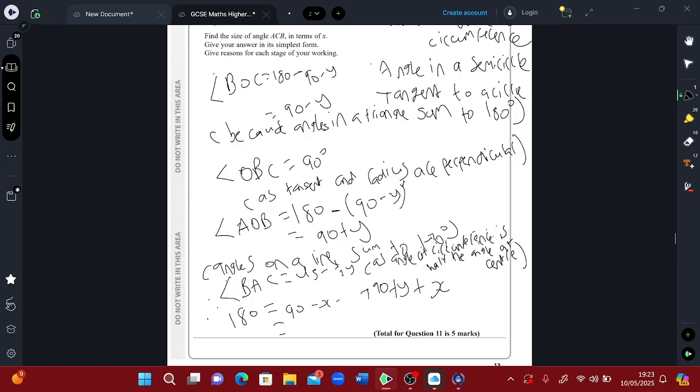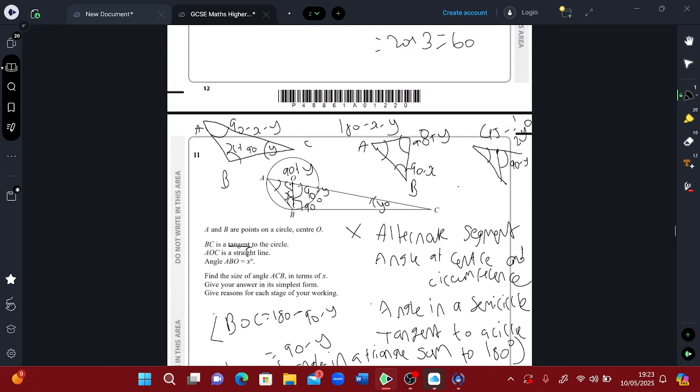Okay. So therefore, BAC then. So we know that 180 is going to be this: 45 minus a half y. I'll make sure I make that clearer. Half y, so that's angle BAC here, 45 minus a half y.